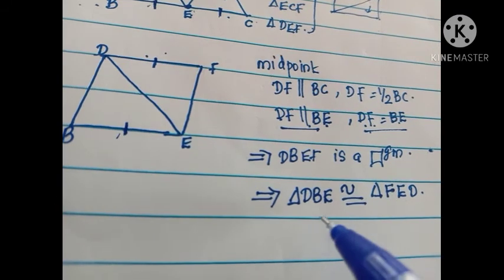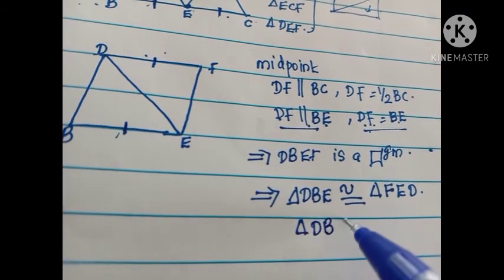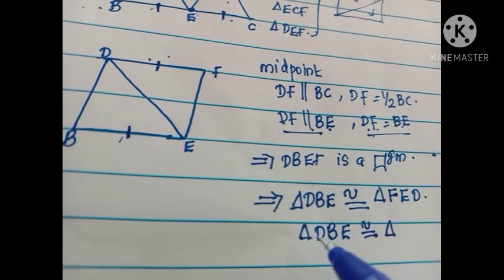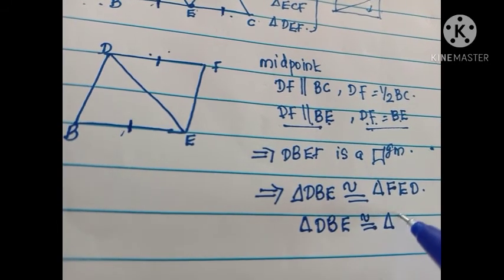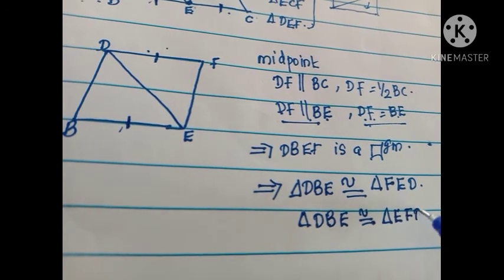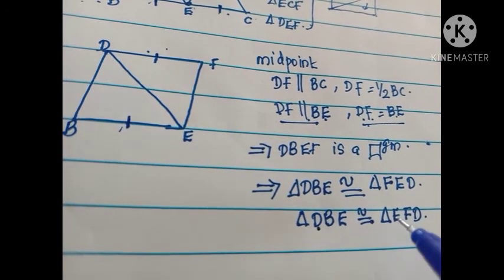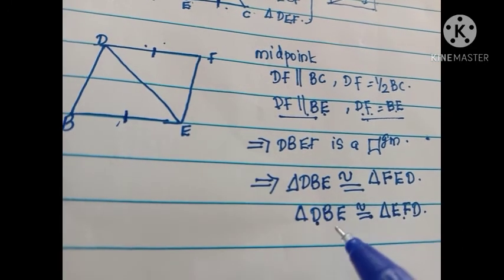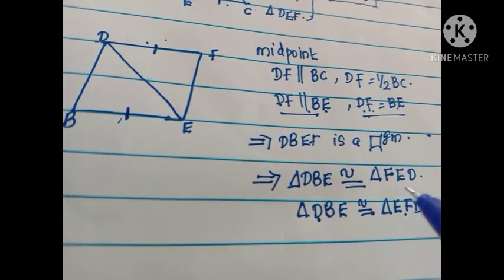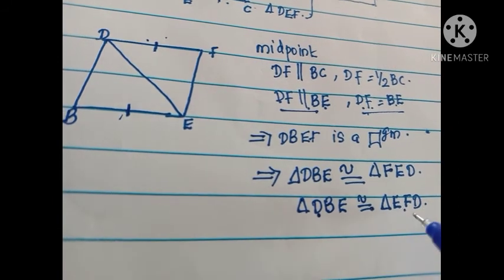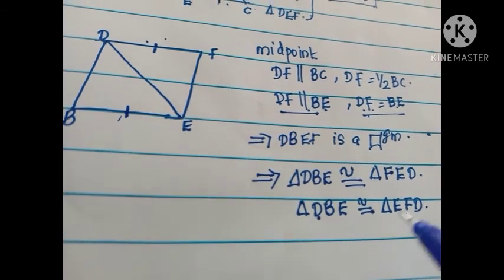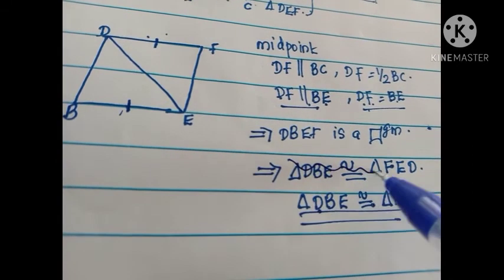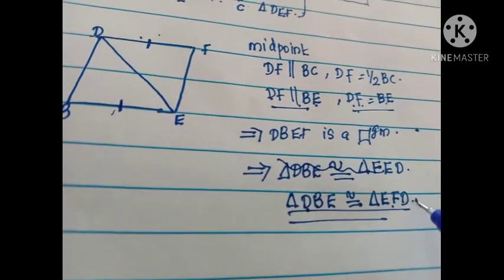So we can write this in order: triangle DBE is congruent to triangle EFD. DB is equal to FE. DE is common. Then BE is equal to what? DF. Okay. Triangle DBE is congruent to triangle EFD.